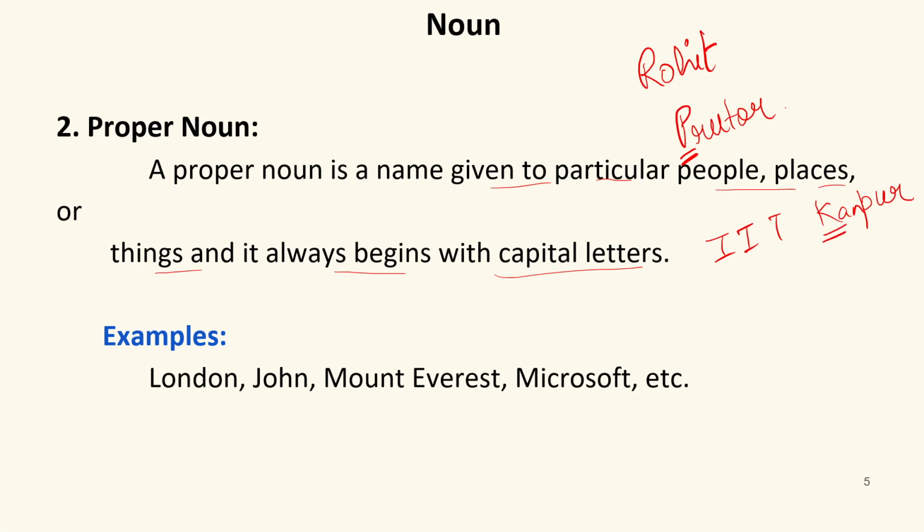So proper nouns are always written in capital letters. For example, London, John, Mount Everest, Microsoft, etc. All these words begin with capital letters.